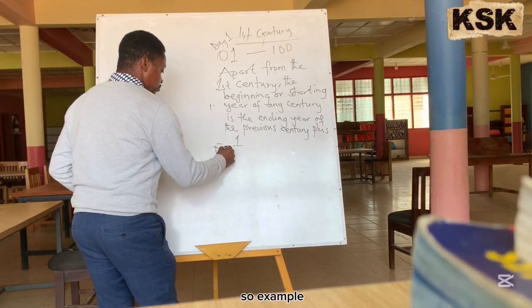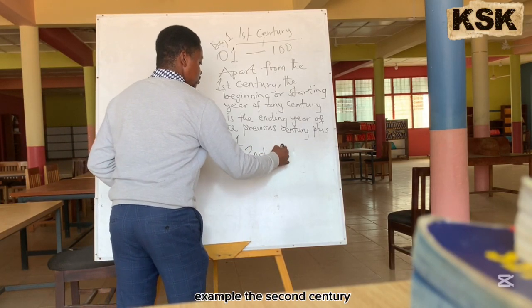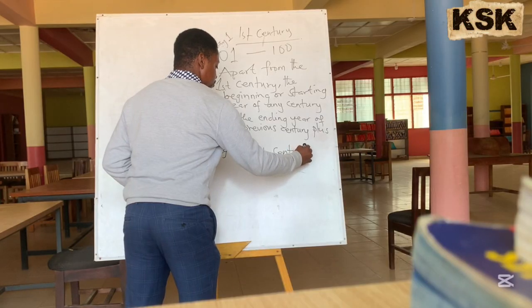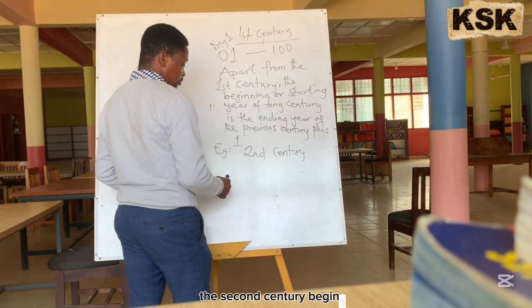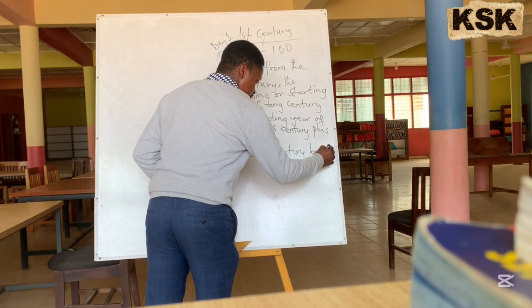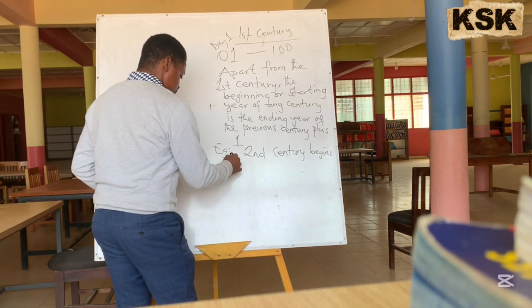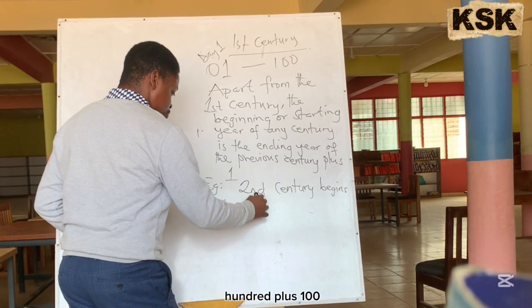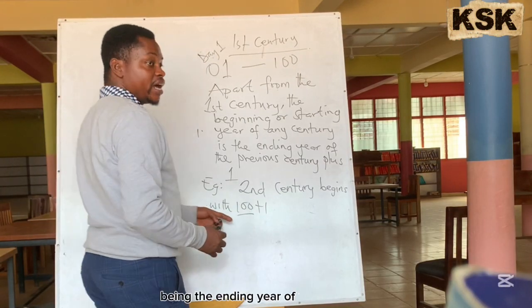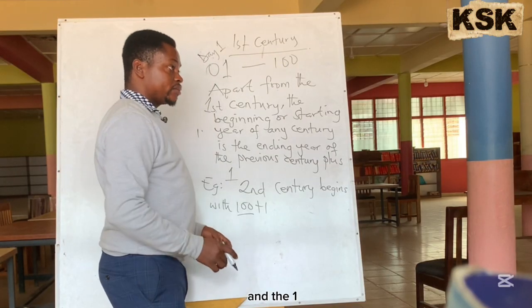So for example, the second century begins with 100 plus 1, 100 being the ending year of the first century, and the 1.